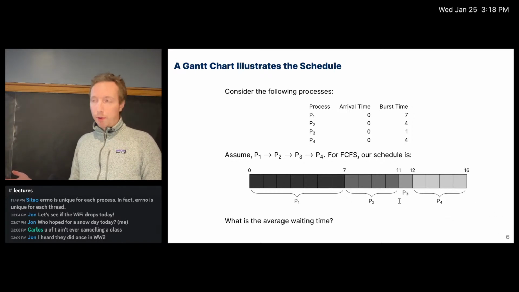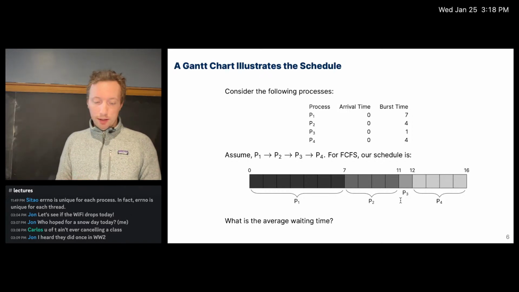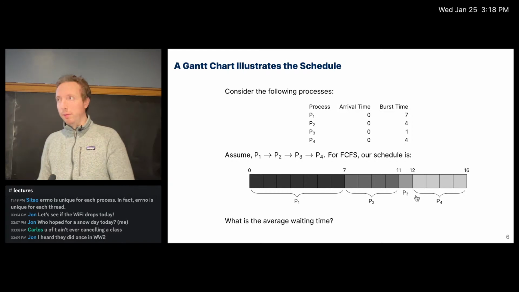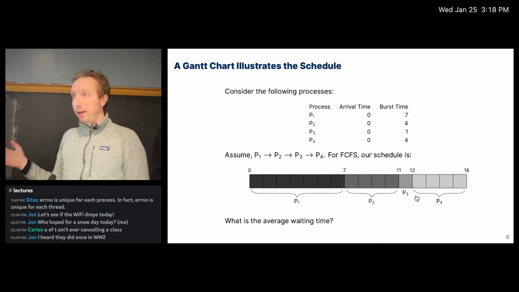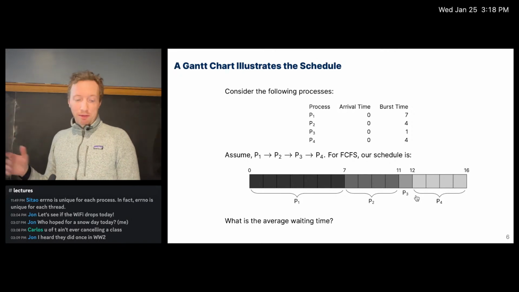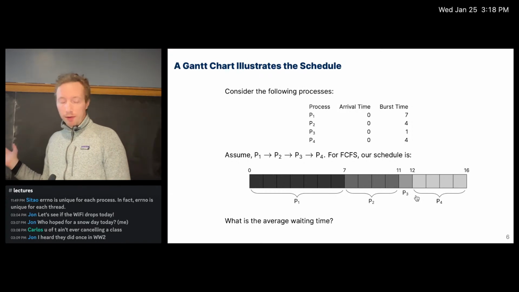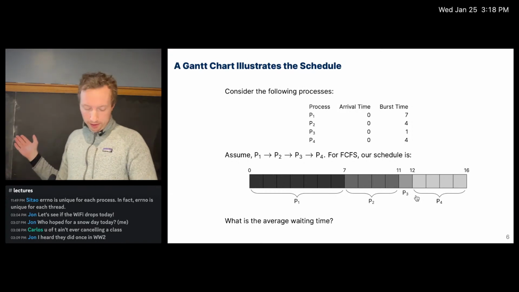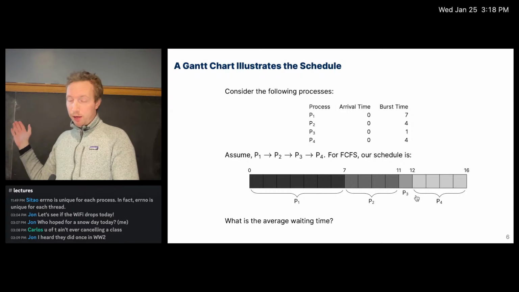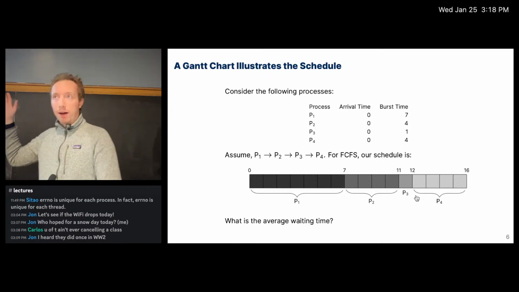P3 waited for 11 because it needed to wait for P1 and P2 to be done. Then finally P4 needed to wait 12 time units because it needed to wait for the first 3 to finish. So our average waiting time, simple calculation, it would just be 12 plus 11 plus 7 divided by 4, since there's 4 processes, which I think, if my math is right, is 7 time units of average waiting time.